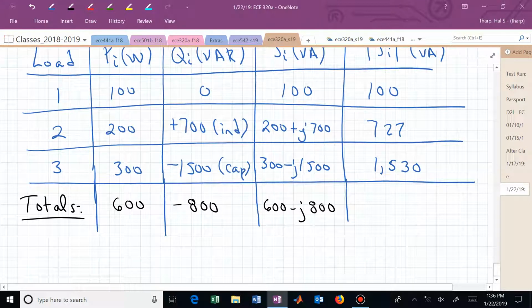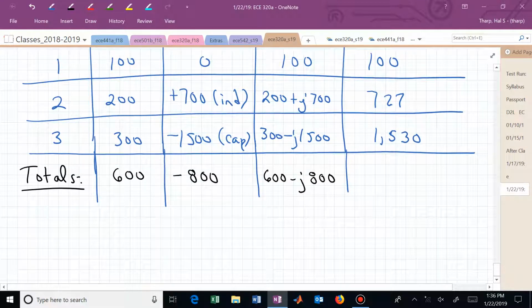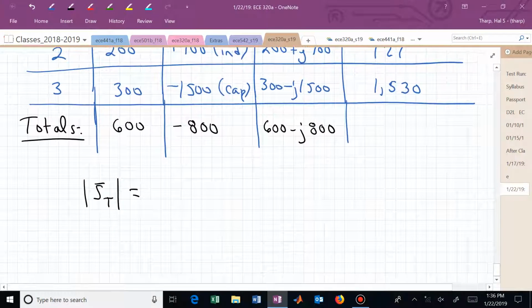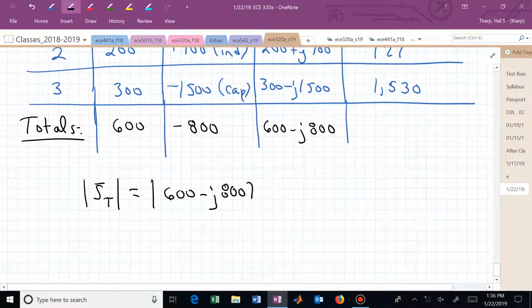So let me not confuse you. Let's now look at the total apparent power, or the complex powers. The total complex power's apparent power is now the magnitude of 600 minus j800.